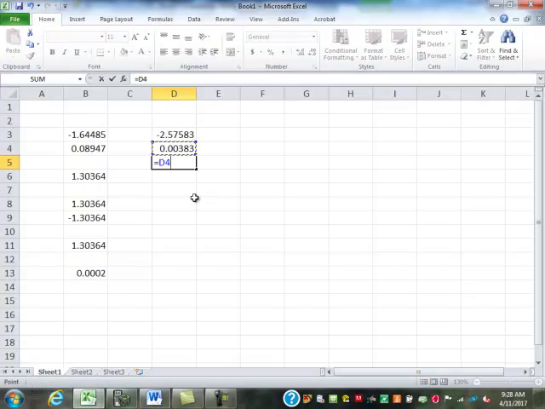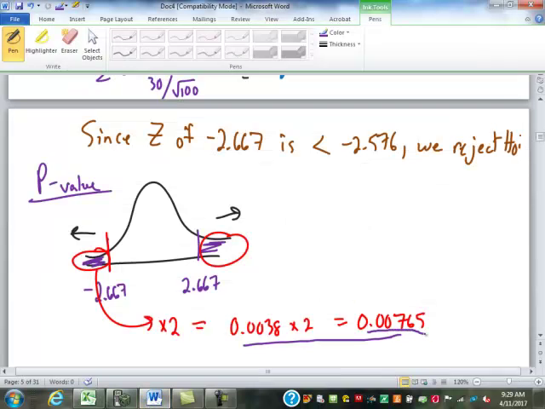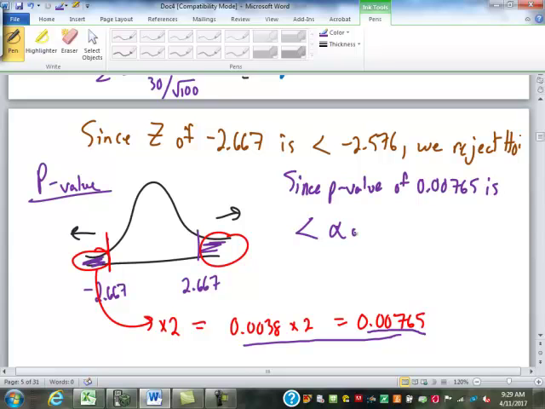So equals that times 2. 0.00765, which is exactly what we have here. So since the p-value of 0.00765 is less than alpha of 0.01, we reject H0.